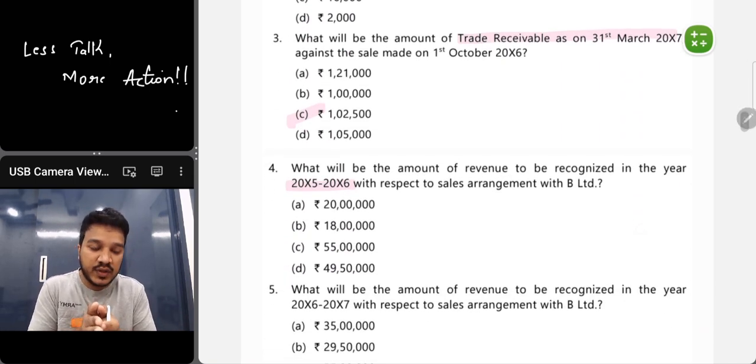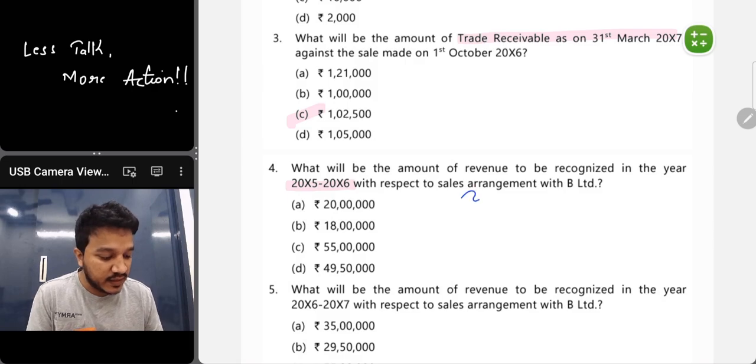What is the amount of revenue that you will recognize? You sold 20,000 units and the price is 100. So the answer would be A.